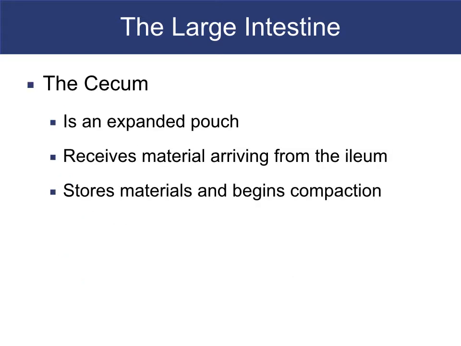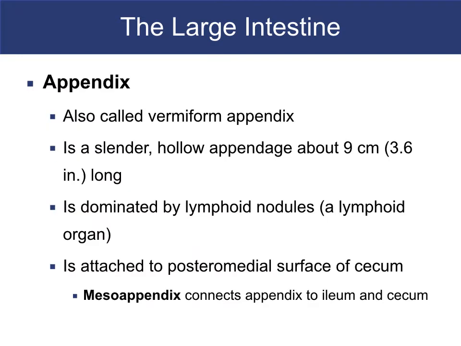And cecum, nothing much to it. The appendix is also called the vermiform appendix. You remember the vermiform part of the cerebellum, that little strip in the middle of the cerebellum between the right lobe and the left lobe, called the vermiform lobe. Same thing. Vermiform means shaped like a finger.